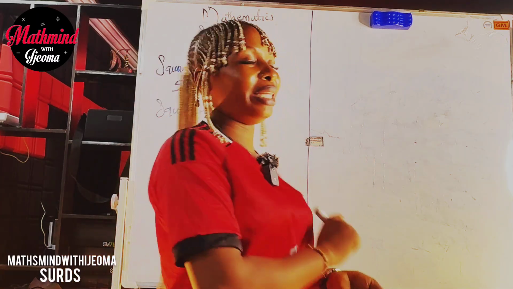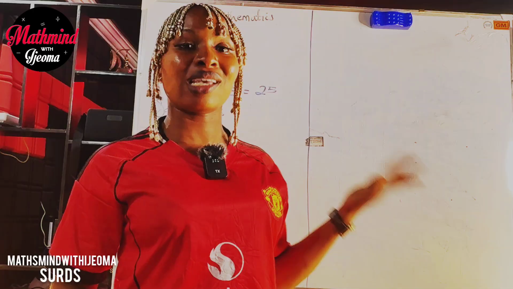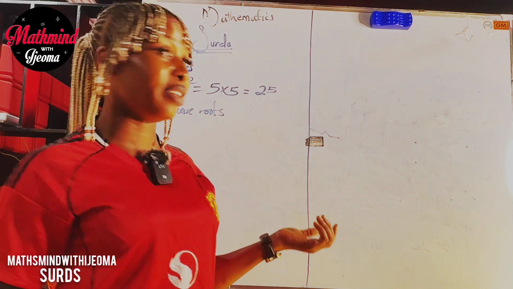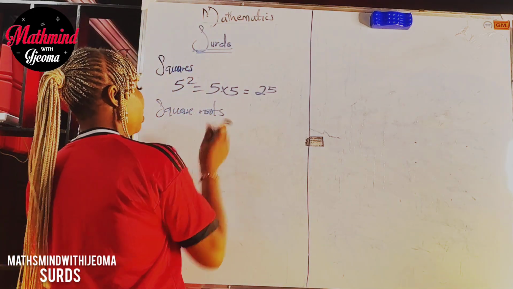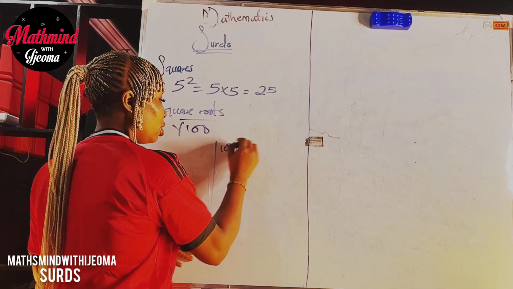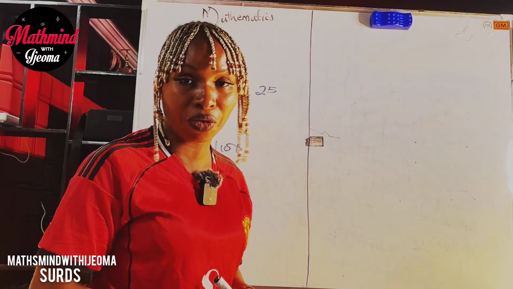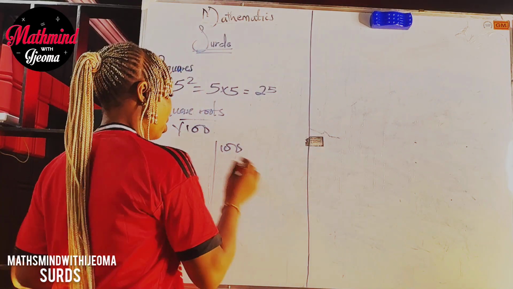That number is 10. And remember, in one of our classes, we talked about how to find square roots effectively. So let's take the square root of 100. You will just divide. 2 can go. Remember, numbers that end in 0, 2, 4, 6, 8, 2 can divide them without remainder.